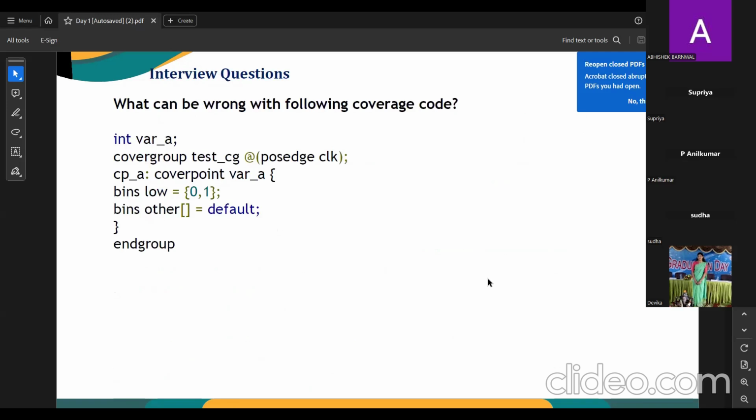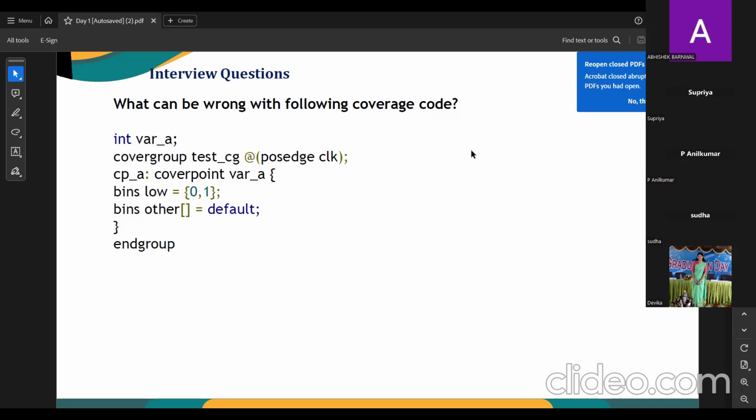And in assertions, it's clear, right? Can anyone list what we have discussed so far in assertions? We have discussed what an assertion is, the different types of assertions, immediate and concurrent assertions, and the built-in functions used in assertions.